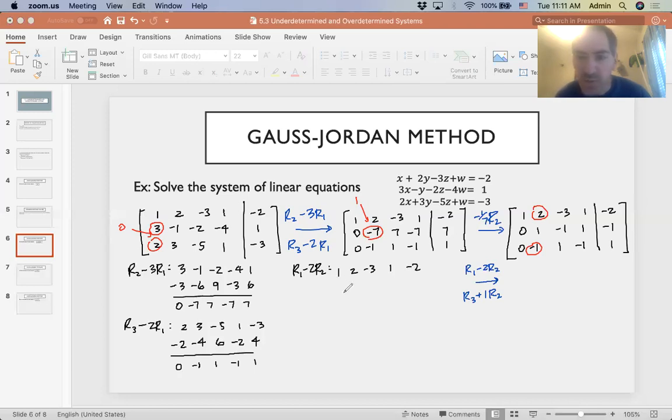Okay, so negative 2 times row 2 is 0, negative 2, 2, negative 2, 2. So that's 1, 0, negative 1, negative 1, 0. And row 3 plus row 2.